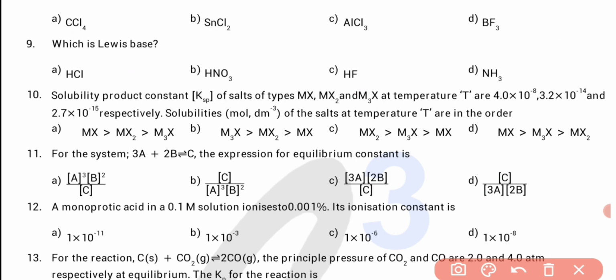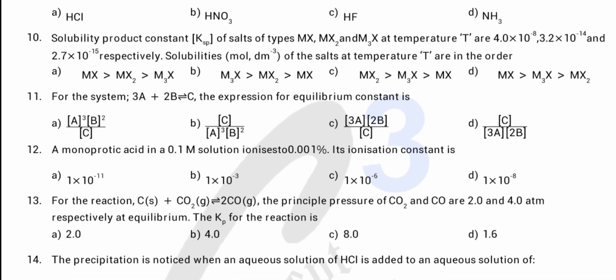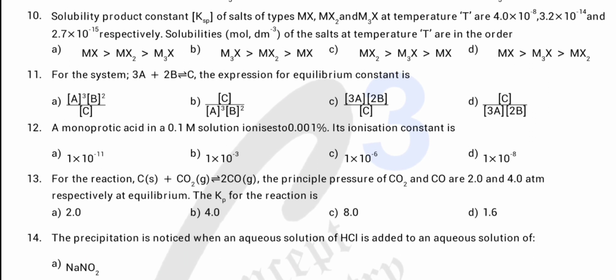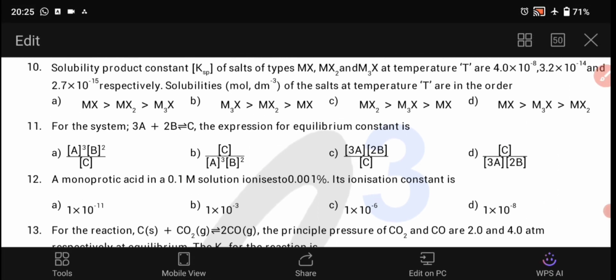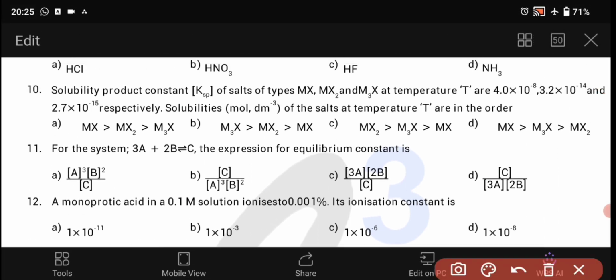Okay, now let us move to the next question, which is the solubility product constant KSP of salts AX, MX, MX2, M3X at temperature T are 4 into 10 power minus 8, 3.2 into 10 power minus 14, and 2.7 into 10 power minus 15 respectively for these salts.